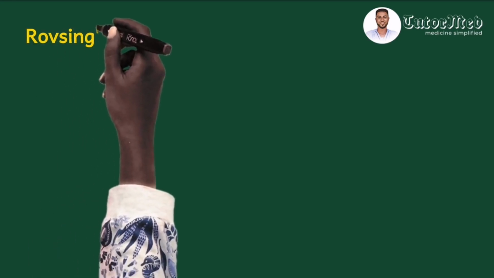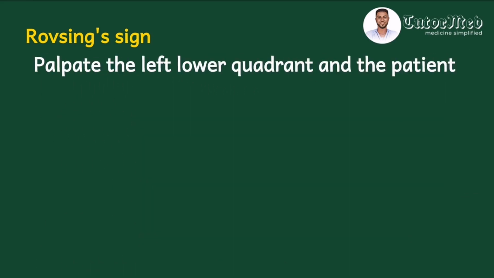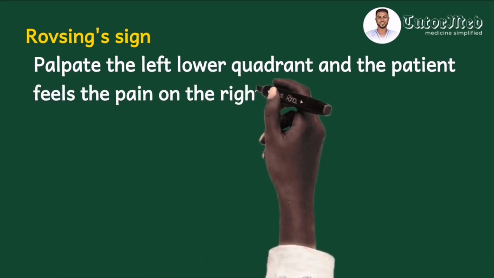Now, there are other signs we can elicit in a patient with acute appendicitis, although they are not so sensitive in these patients. One of the signs is called the Rovsing sign. And so, a positive Rovsing sign, what is that? You palpate the left lower quadrant of the patient's abdomen, and the patient feels the pain on the right.